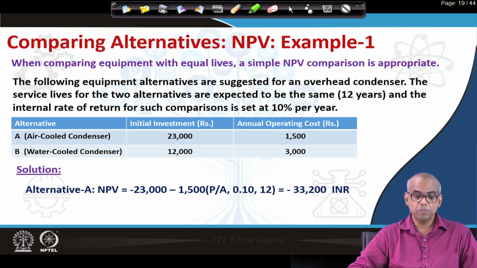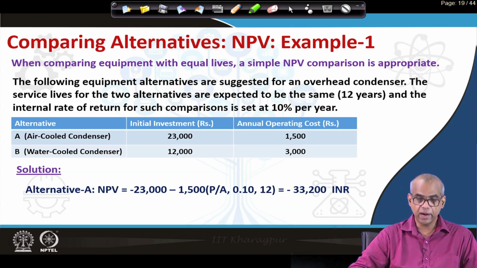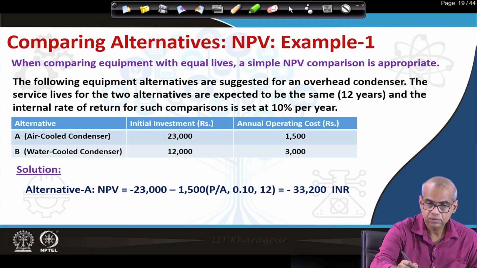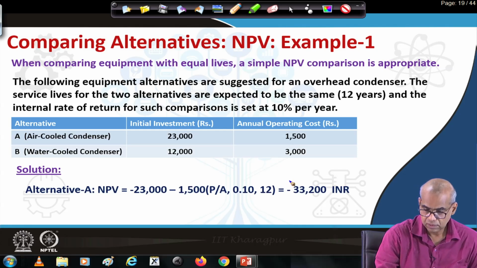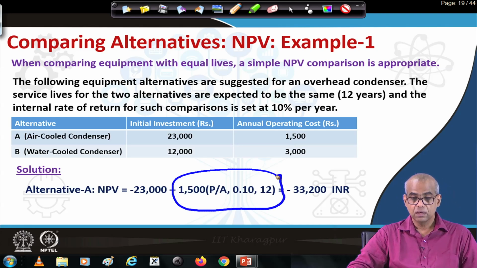So, find out NPV for alternate A. We have seen earlier how to compute NPV. You have to add this part, which is the annual operating cost.